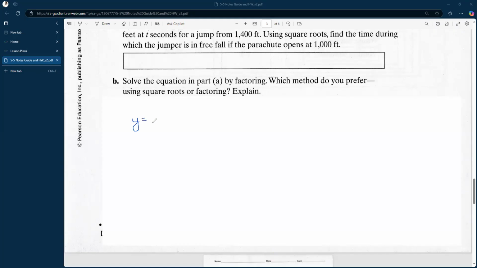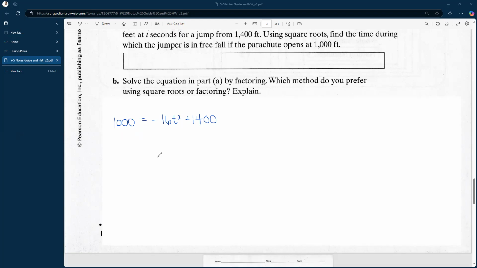Y is equal to negative 16 t squared plus 1400. But remember, we are looking for our answers when y is 1000. So we are going to set y equal to 1000.